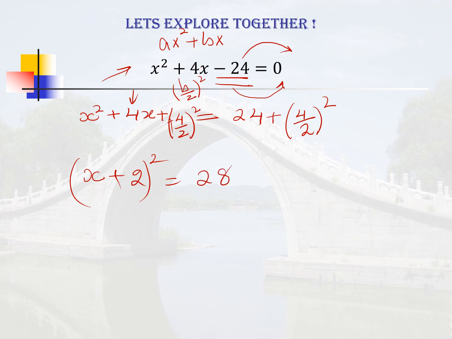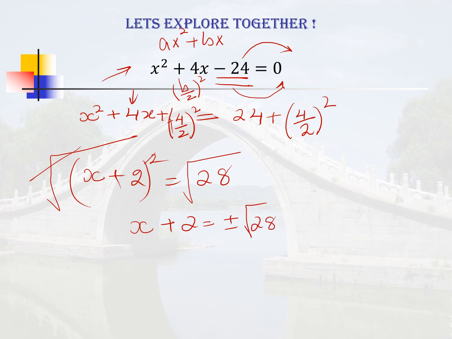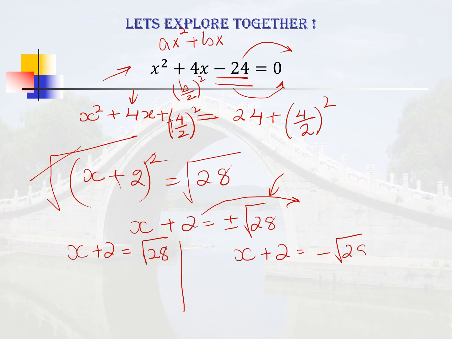Now remove the square. So take the square root on both sides. The square root and the square cancel. So x plus 2 equals the square root of 28, which can be written as plus minus square root of 28. You can write the answer in decimal also. Bring the 2 to the other side, but before that, one time you have to write x plus 2 equals plus square root 28, and on the other side you will write x plus 2 equals minus square root of 28.